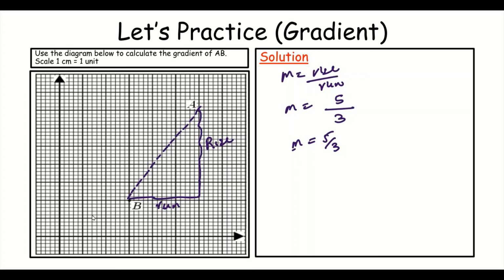What would be the coordinates of B? If 1 centimeter is 1, then here will be 1, then here will be 2, then here will be 3, here will be 1, 2, 3, 4, 5, 6, 7. So we'll have B would be (3, 2), and A would be (6, 7).